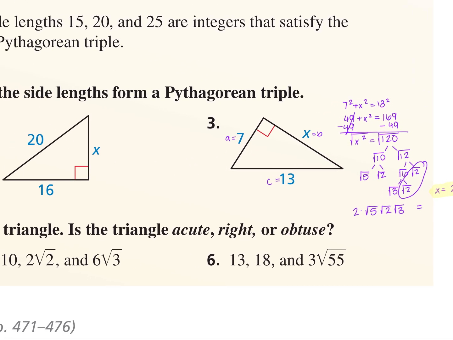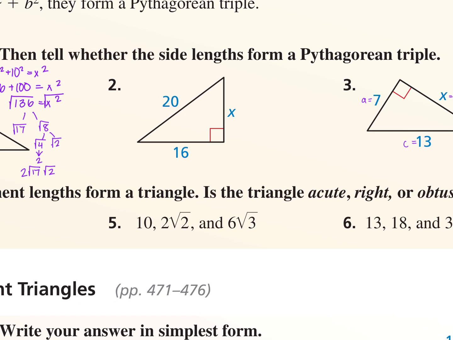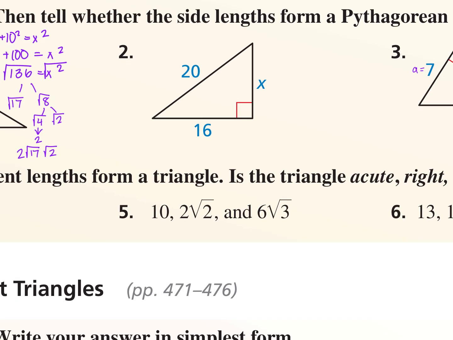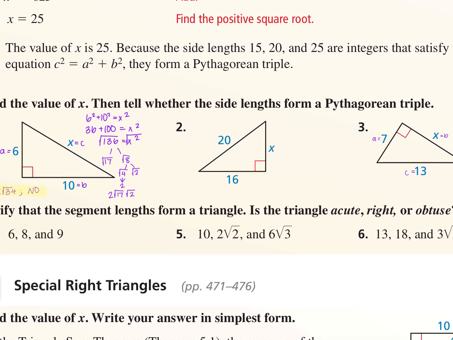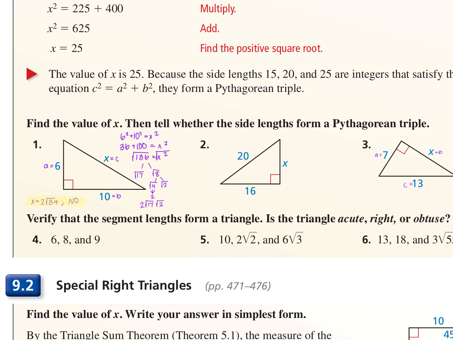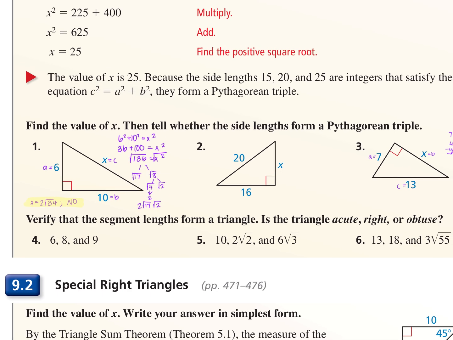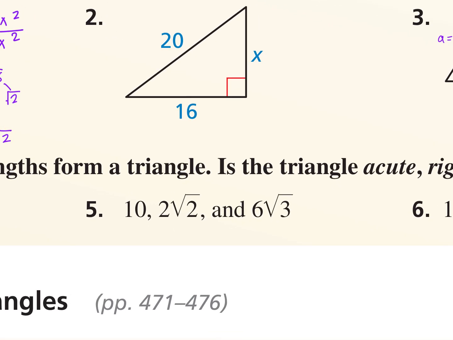All right, going to number 5. Looking at number 5, the question asks, verify that the segment lengths form a triangle. Is the triangle acute, right, or obtuse? So before I figure out if this is a triangle, I want to change my radicals to decimals to figure out which one's my largest side.